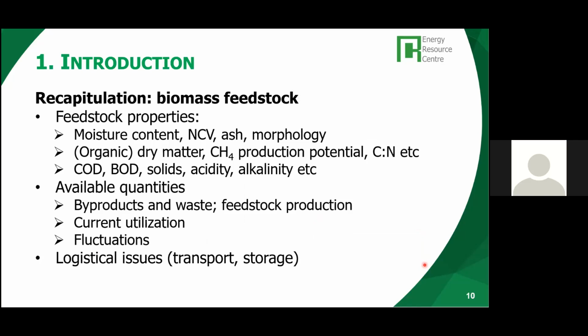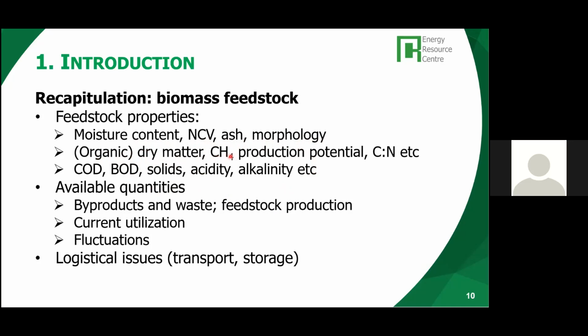Important properties of feedstocks are the moisture content, the calorific value, ash content, and the size and shape of the biomass, which we call morphology. When we look at biogas production, we look also at the dry matter and the organic part of the dry matter.